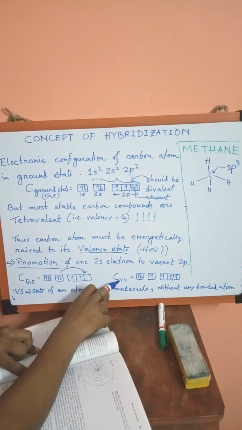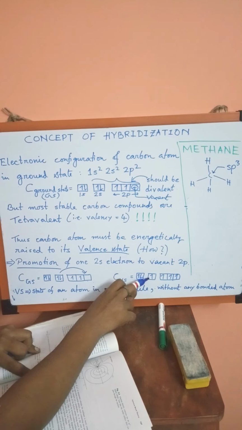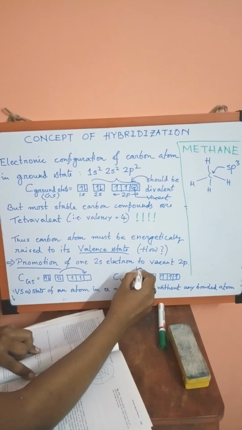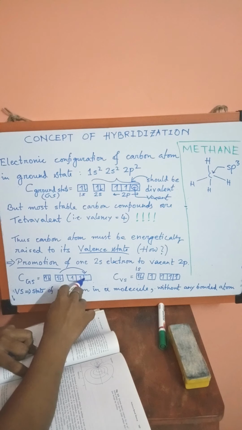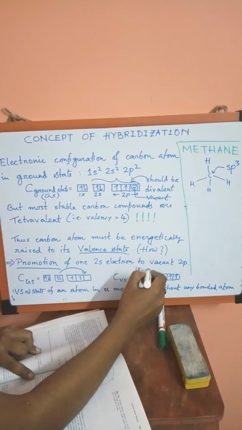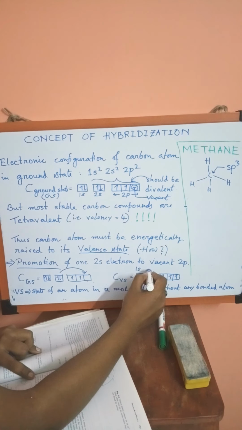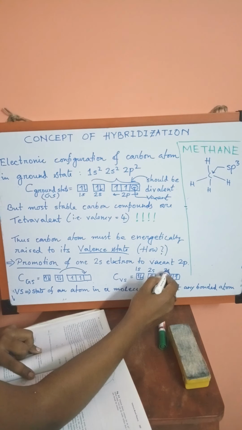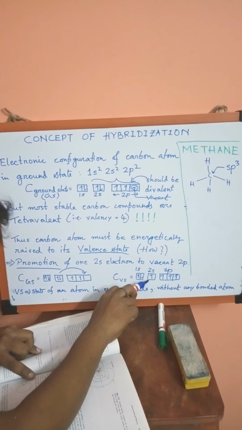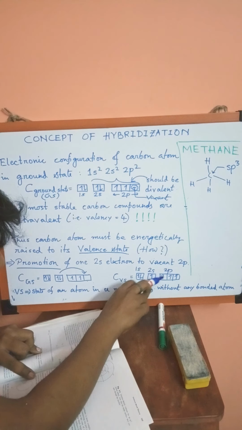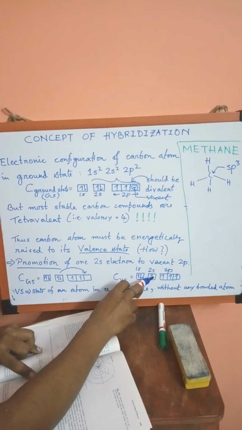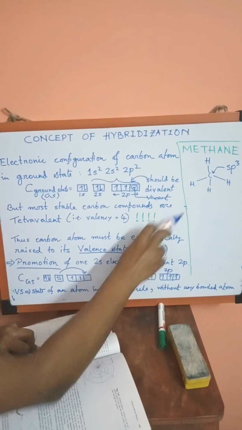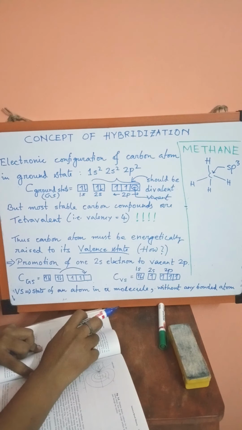So here C valence will be 1s2, and from 2s one electron has been transferred to the vacant 2p orbital. So now you have 1s2, 2s1 and 2p3. That is, there are now clearly 4 unpaired electrons.